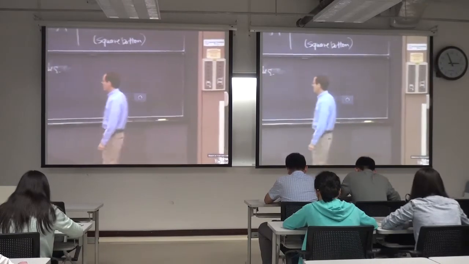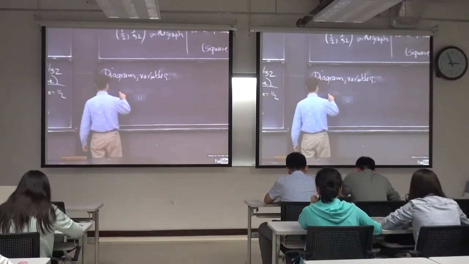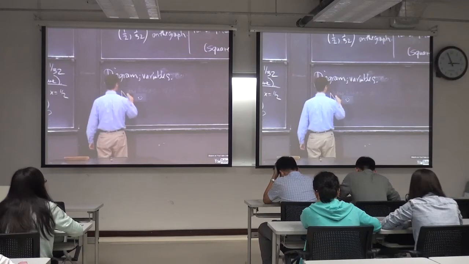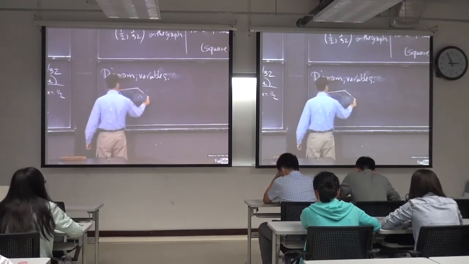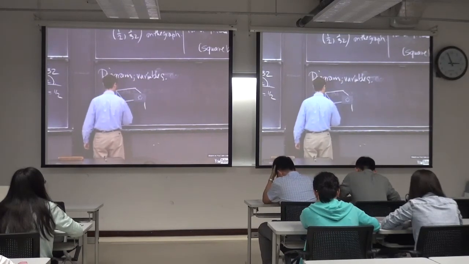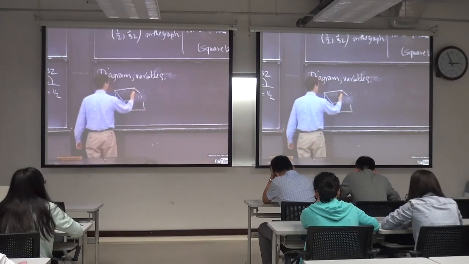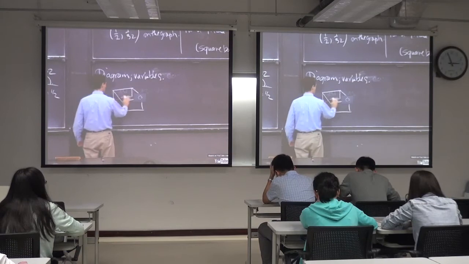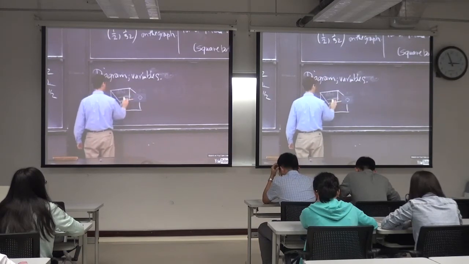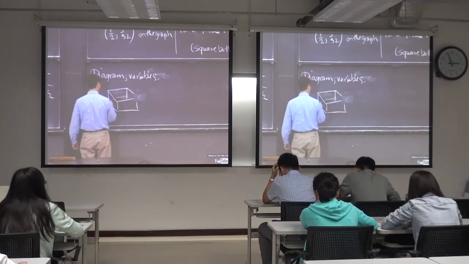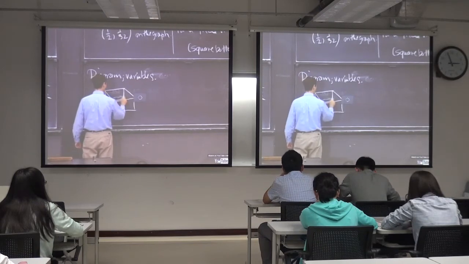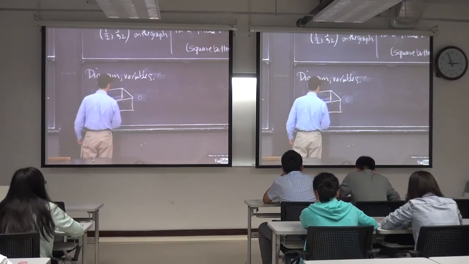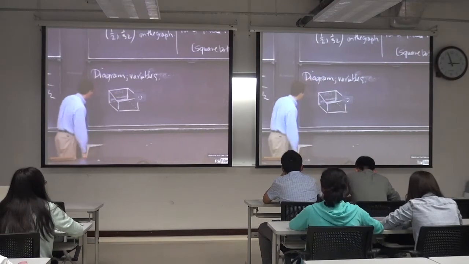So it's got a square bottom, and so let's draw a picture of it. So here's our box. Well, I guess that goes down like this. Almost. Maybe I should get a little farther down. All right, so here's our box.